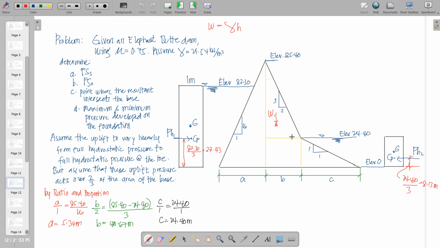Say for this triangle section, we have 1/3 of this dimension from here located is the center of gravity, so let us label that as W1.